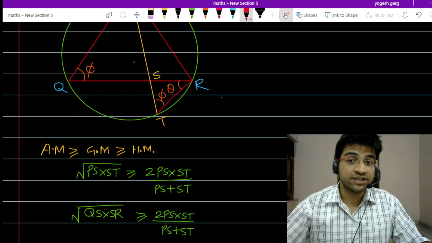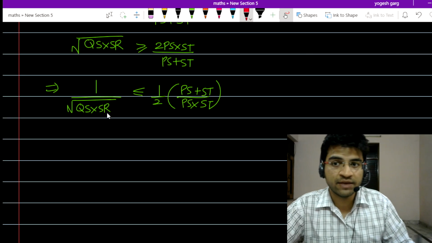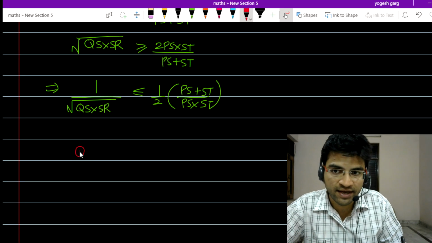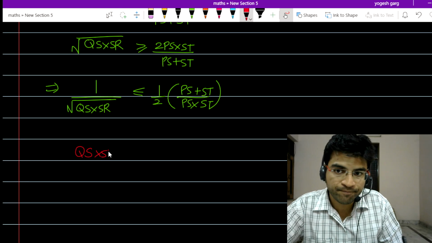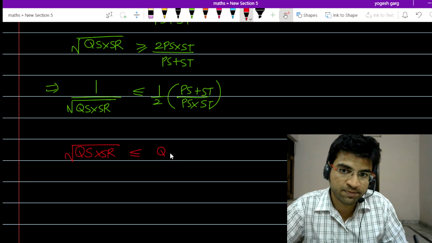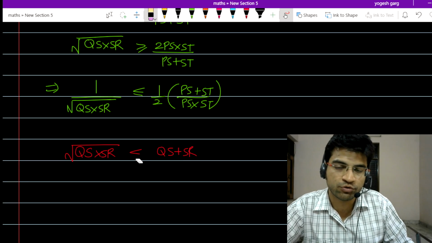Now we have to do reverse engineering. Reverse engineering, what does it mean? See, we know that root of QS into SR will certainly be less than QS plus SR by 2. And now we should not use the equal to sign.